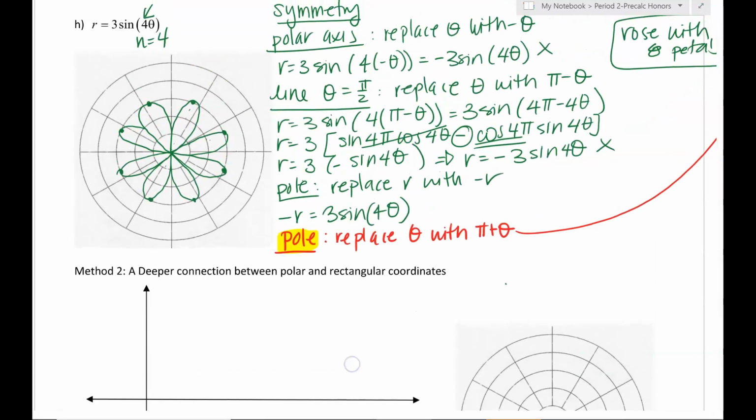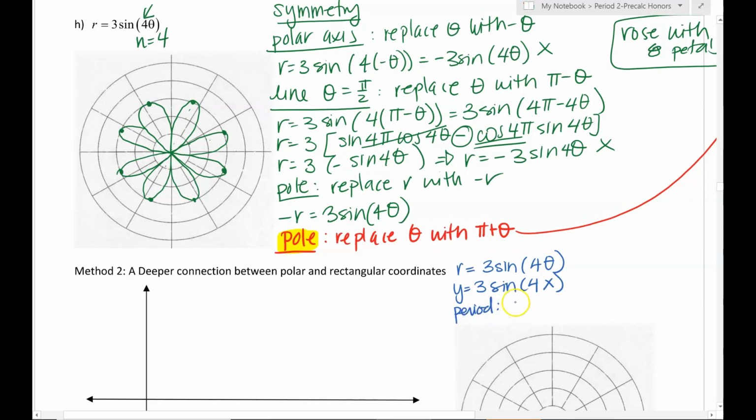Now, what if we connect this polar equation to algebra 2 trig, right? So instead of using r and theta, what if we use y equals 3 sine of 4x? Well, if we use this, then as you know, we can start with the period.